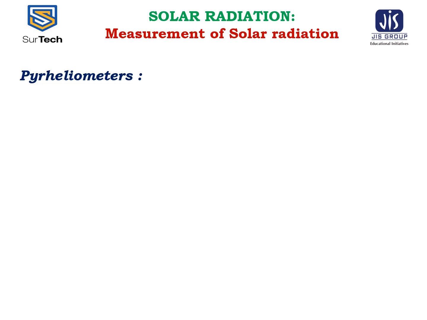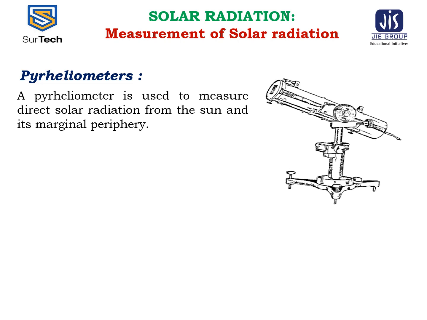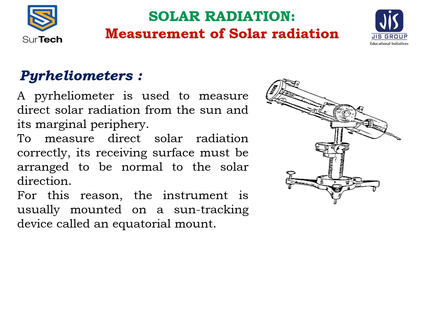Now come to the second instrument, that is the pyrheliometer. A pyrheliometer is used to measure the direct solar radiation from the sun and its marginal periphery. To measure the direct solar radiation correctly, its receiving surface must be arranged to be normal to the solar direction.